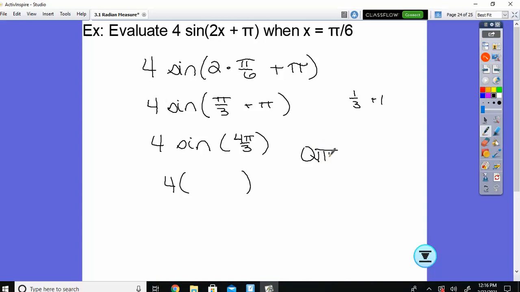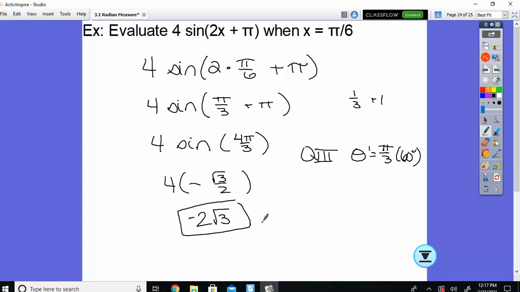Third. Reference angle? 60. Yep, pi over 3 is 60 degrees. So, in the third quadrant, sine is negative. Sine of 60, radical 3 over 2. I get negative 2 radical 3.